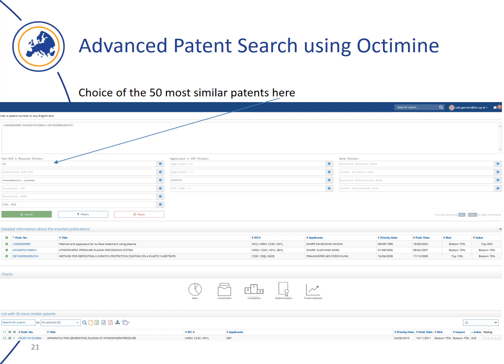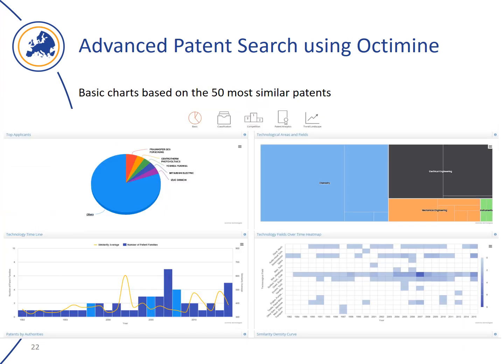So another way can be that you take the filter settings and enter a value here. For instance, in this case, we take the 50 most similar patents by entering 50 here in the one line, and here we then can have a look at the basic charts.